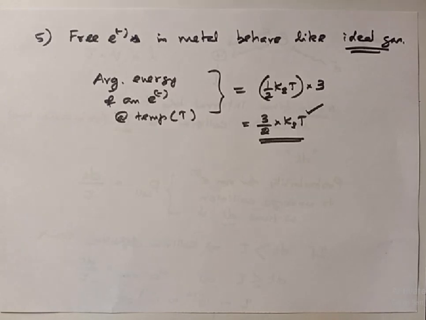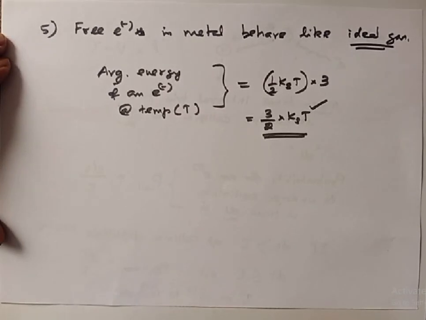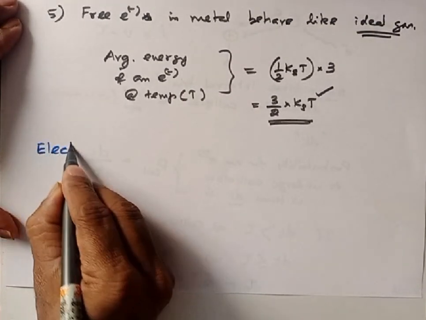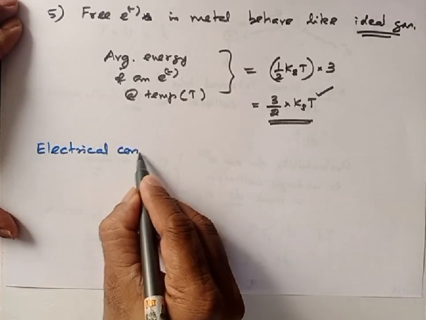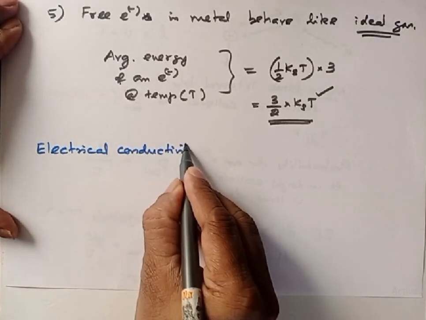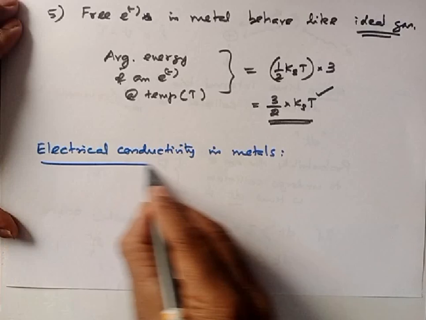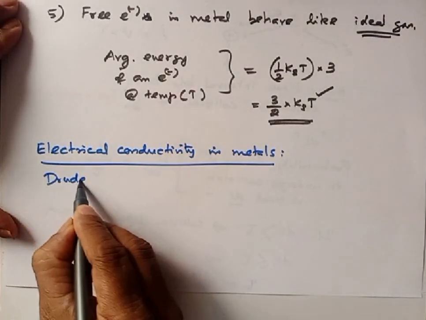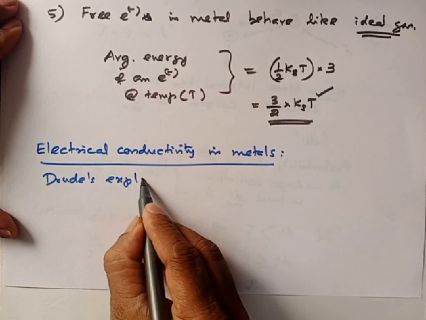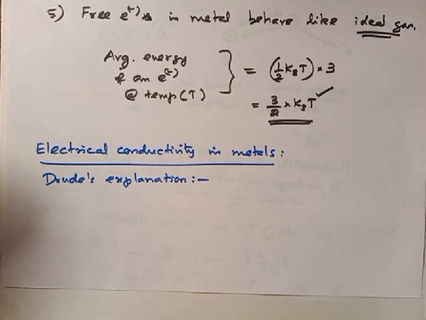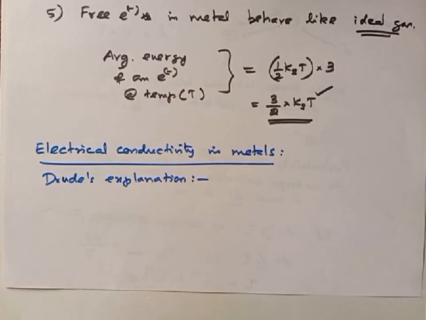Now what I'm going to discuss is how the Drude model explains the electrical conductivity in metals. So now we'll discuss Drude's explanation for the electrical conductivity of metals.